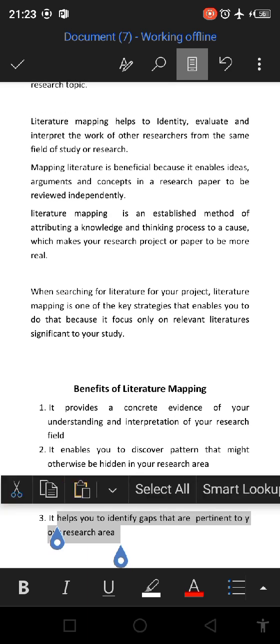After you discover a pattern, that pattern will also lead you to establishing the gap. Like I said the other time, establishing a pattern enables you to know the extent, the scope, the area, the length at which people have written on your area of interest. After you have discovered that, then you will be able to establish a gap.